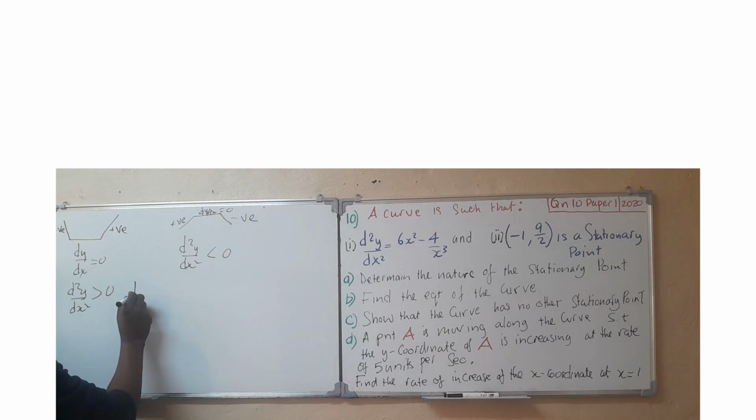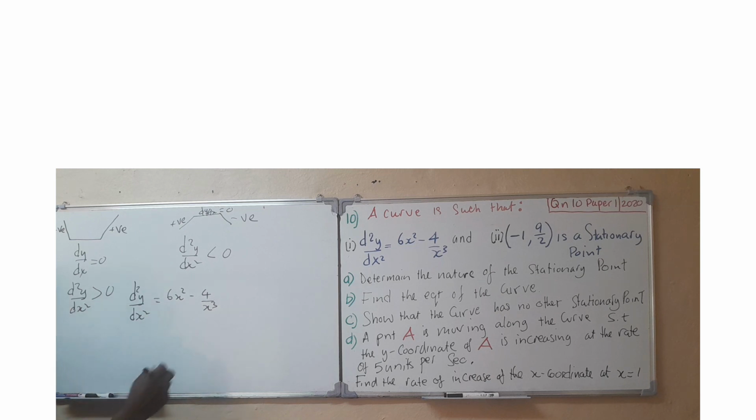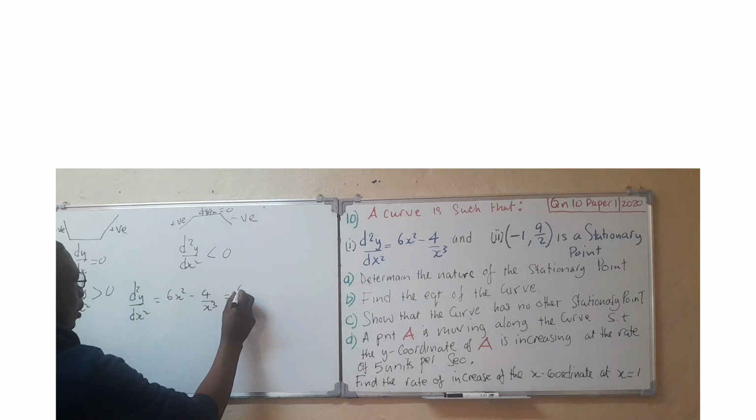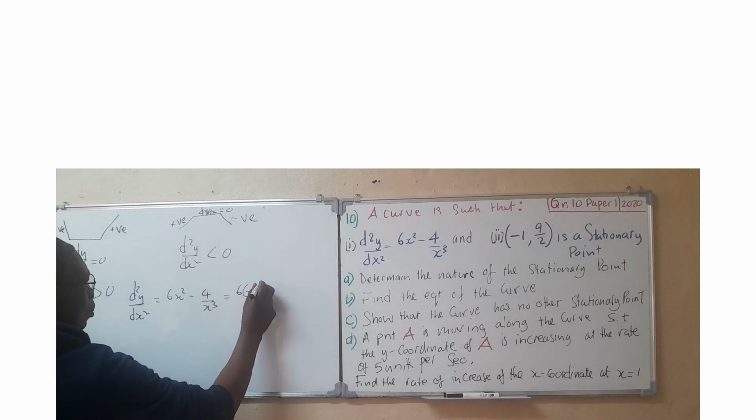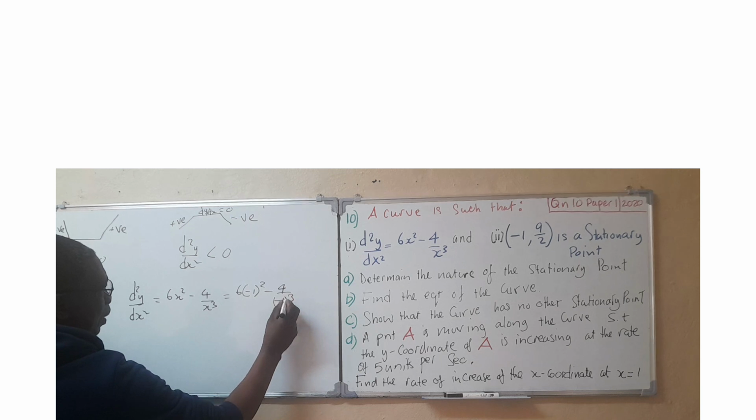So our d²y/dx² is equal to (6x² minus 4) divided by x³. Put x equal to minus 1, and you get (6(minus 1)² minus 4) over (minus 1)³.